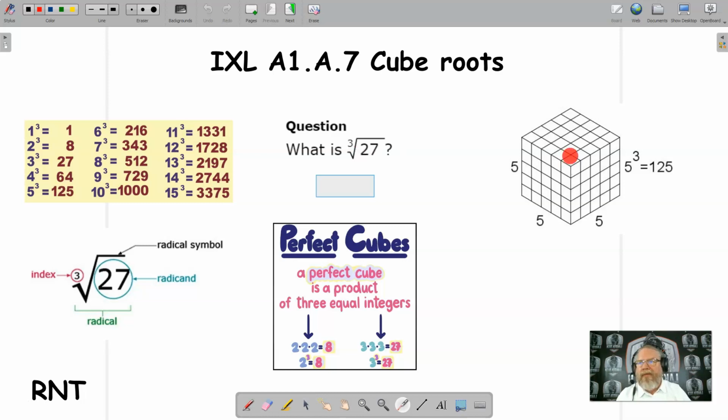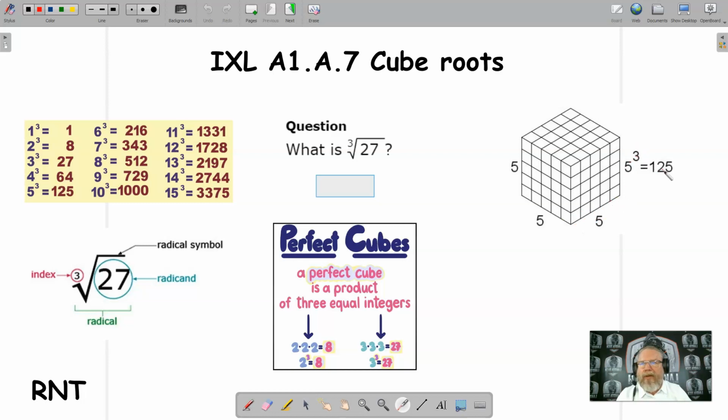Over here I have a cube, and we know that a cube has 3 equal dimensions: its depth, its width, and its height. In this case, I have a cube that has a length of 5 for its height, its length, and its width.